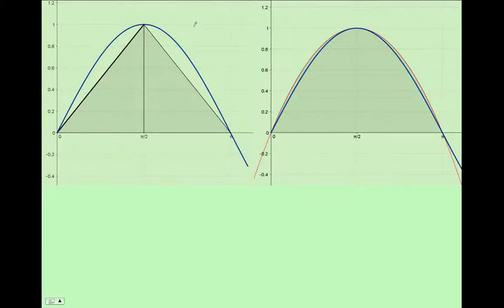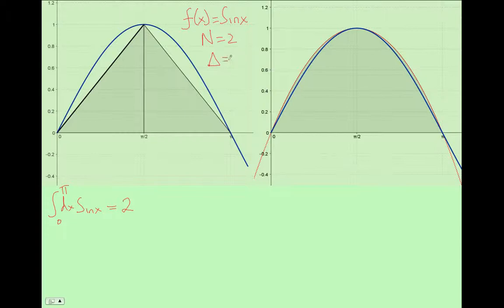To compare Simpson's rule with the trapezoidal rule, let's take a very simple example. f of x is sine x, and what we want is the integral from 0 to pi of sine x, and of course that's trivial. The answer is 2. Let's take n equal to 2, so just 2 partitions.